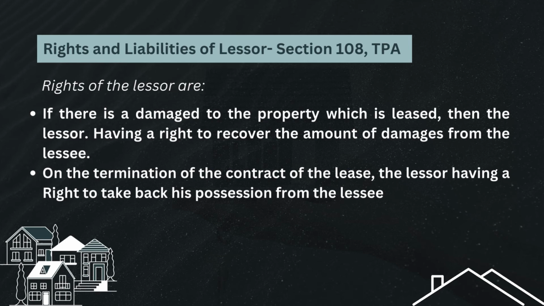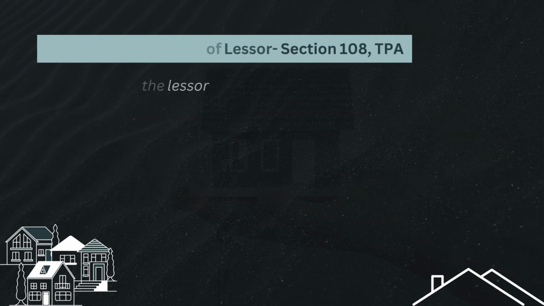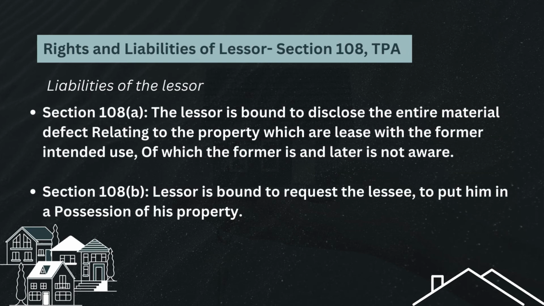Next, on the termination of the contract of lease, the lessor has a right to take back possession from the lessee. Now, liabilities of the lessor. Section 108 clause A: the lessor is bound to disclose all material defects relating to the leased property, with regard to its intended use, of which the lessor is aware and the lessee is not. Section 108 clause B says the lessor is bound to put the lessee in possession of the property when requested.